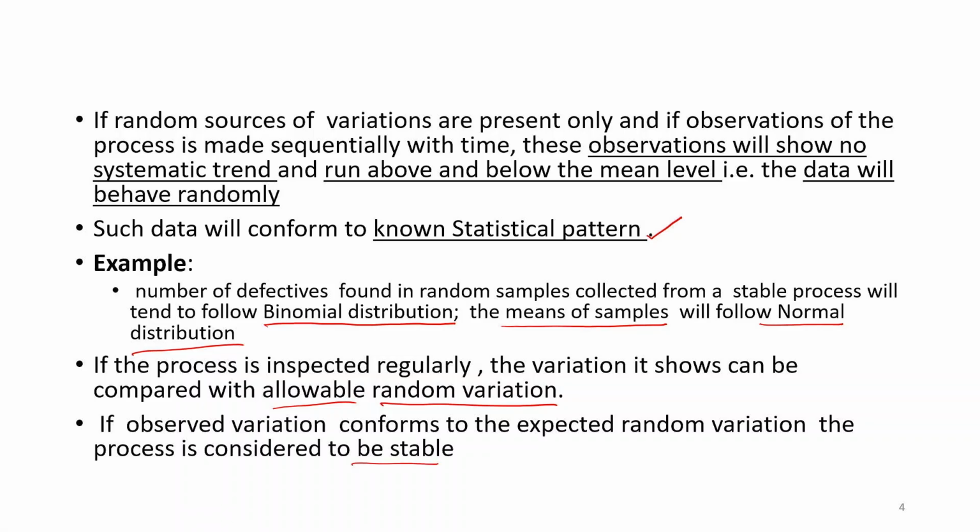That is, we do some calculation to find out the variation, and if that conforms to the expected random variations, then we'll say the process is still stable. Some variation is always expected because of randomness. That will always be there. We can't help them.